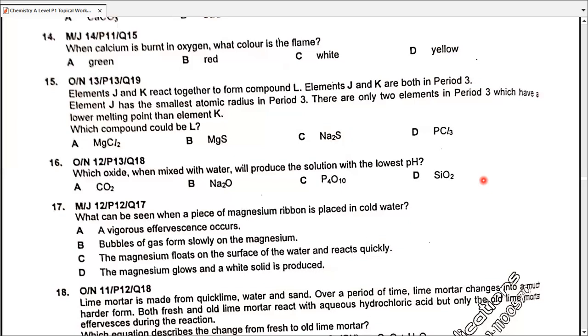Magnesium, sodium, and phosphorus. So phosphorus has the smallest atomic radius, and there are only 2 elements in period 3 which have a lower melting point.